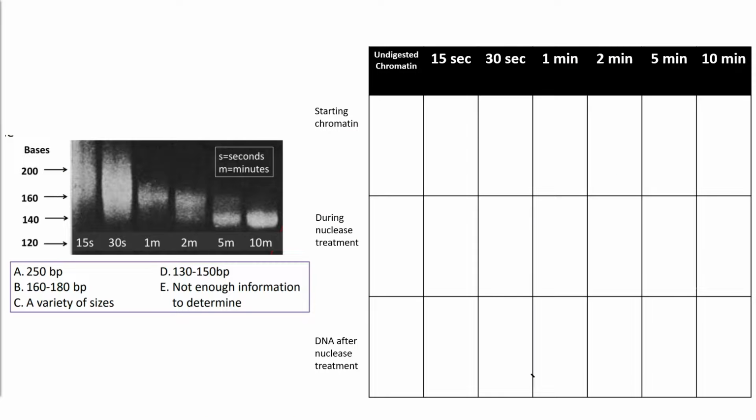So we're going to approach this problem just as I'd like you to do for the homework. I've created this table, which is similar to what you have in your homework and not exactly the same, and I added an extra lane for undigested chromatin, and this is just to give you a starting point for your homework.